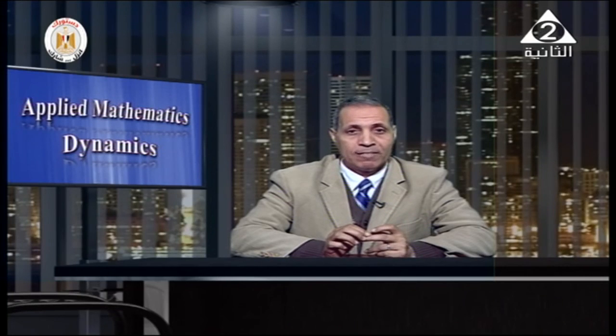Second equation, s equals v naught t plus half at squared. Third equation, v squared equals v naught squared plus 2as. My dear student, we have 3 variables. We use integration and differentiation to find 2 unknowns when one of them is given.